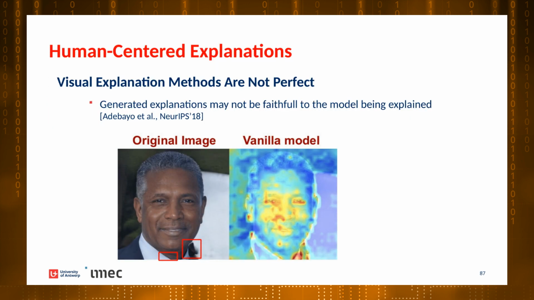This comes from the observation from Adebayo et al. long ago, who realized that some of these heat maps that are generated as explanations are not necessarily justifying the model they are trying to explain.